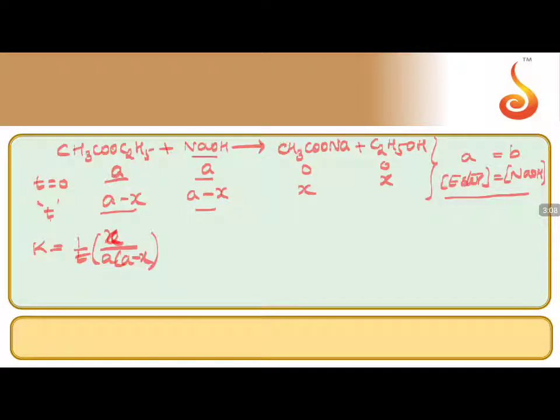So using this formula, first we will find the k1 value. The data given to us: k1 is equal to 1 by the initial time t1, into x1 by a into a minus x1. Let us write it in a simple way. So what is the data? Initially we have t1 equal to 4 minutes.